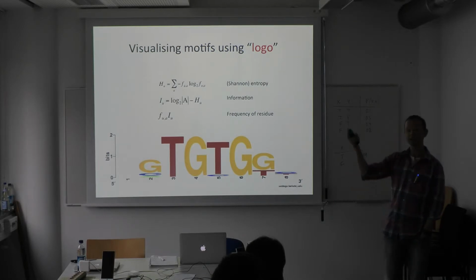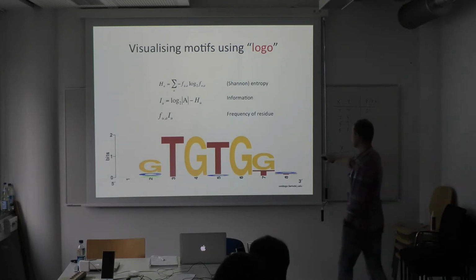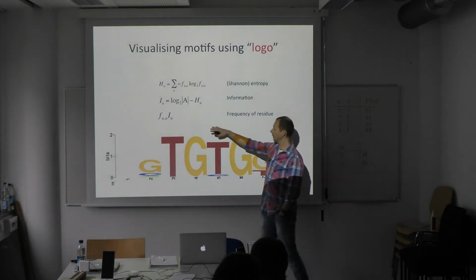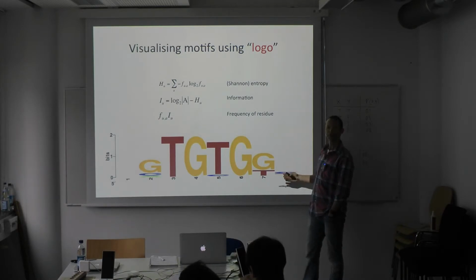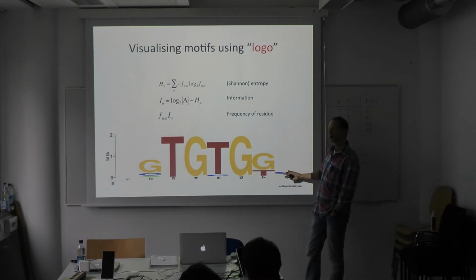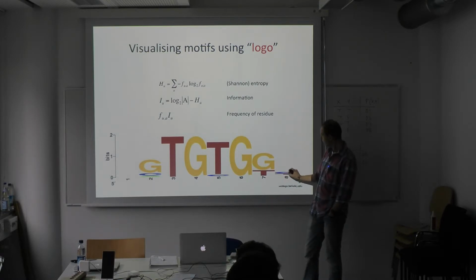So it gives you a quick idea, first of all, how much information there is in each of the positions, or our confidence of making a prediction. In this case, in position 8, we don't know a lot, so that's why the whole thing is squished together.